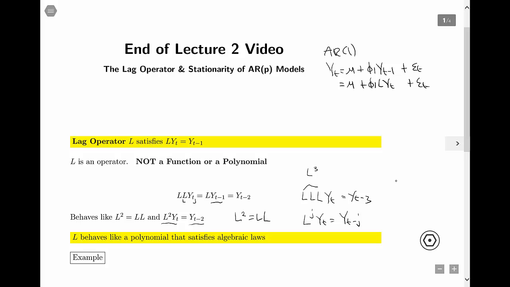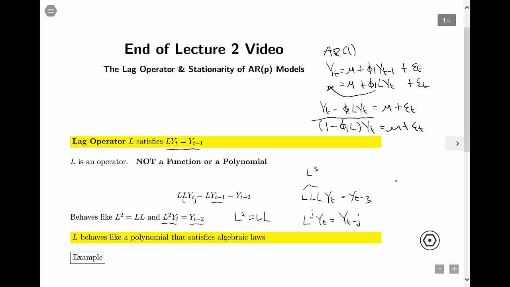We can take this over to the left-hand side and get yt minus psi1 L of yt equals mu plus epsilon t, which we can then write as 1 minus psi1 L of yt equals mu plus epsilon t.